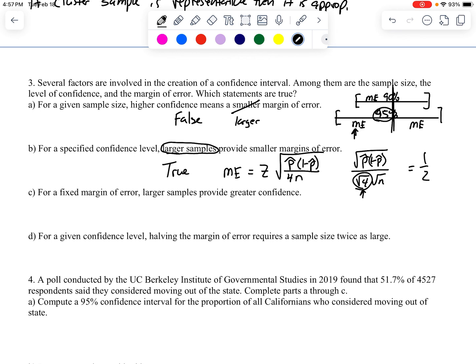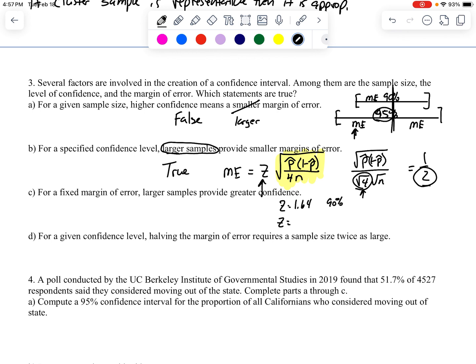Okay, so for the next one, for a fixed margin of error, larger samples provide greater confidence. Again, like the one above it, as the sample size increases, by increasing it by 4, we changed it by a factor of 2. Therefore, my standard error, if I highlight this, this is my standard error, is going to get smaller. This z value is how confident I want to be.